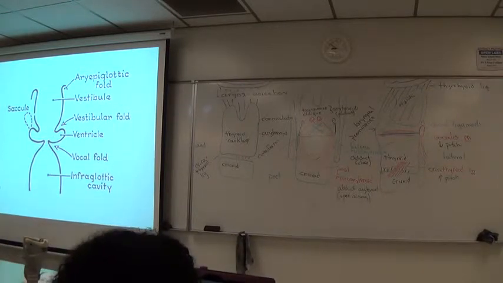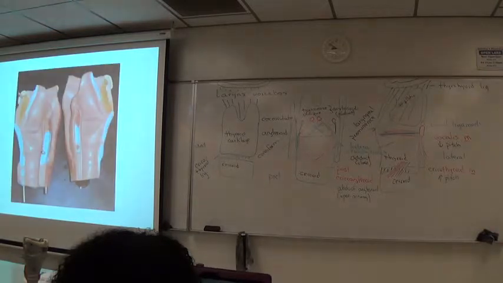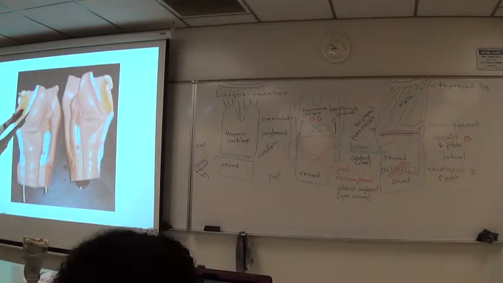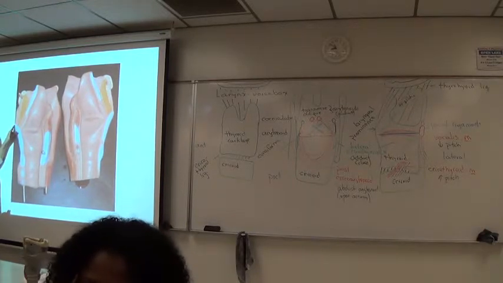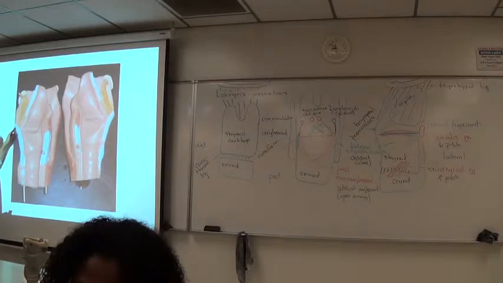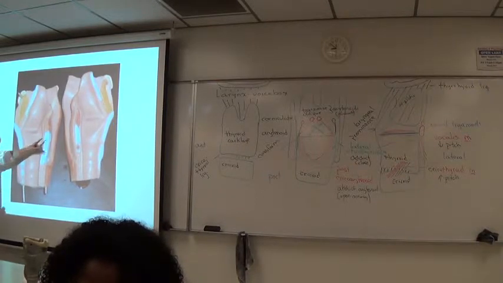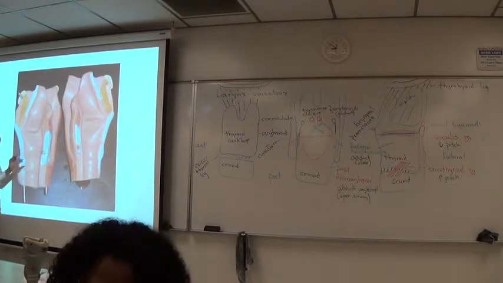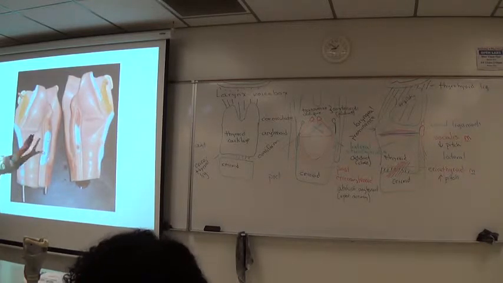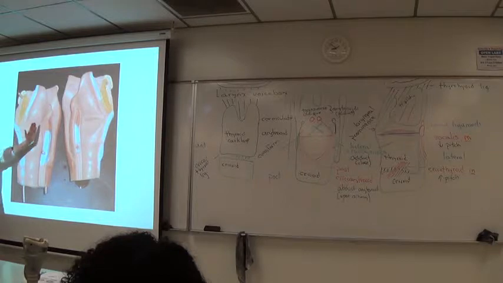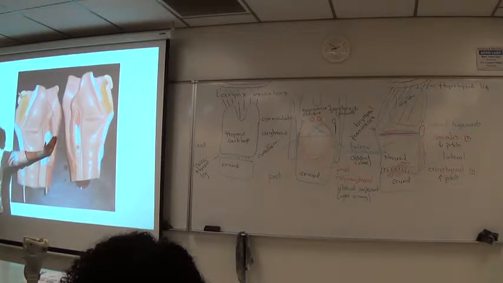On this model, this is that same model, but cut in section. Here's the thyroid cartilage, here's the epiglottic cartilage. This is cricoid and this is cricoid. Remember, cricoid is small in the front and large in the back, and we only have thyroid on the front because it's open and absent in the back.